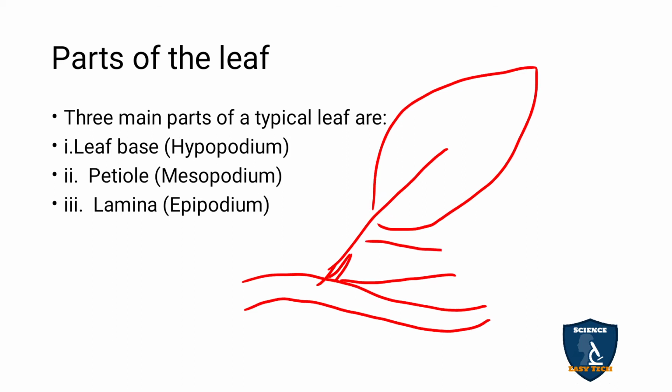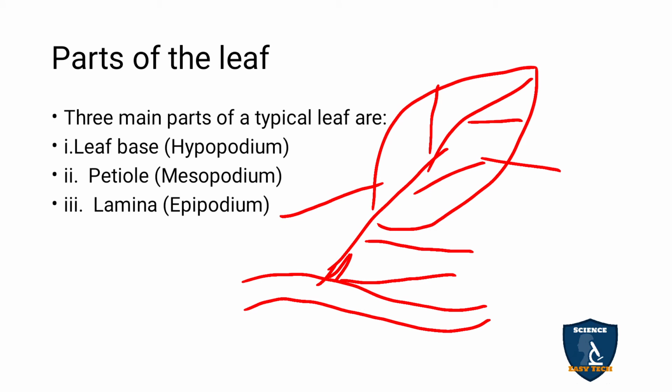The stalk of the leaf is called the petiole, and the green flattened portion is called the lamina. So the lamina is epipodium. Okay. And the petiole is mesopodium. And the leaf base is hypopodium, which we are going to see in detail.